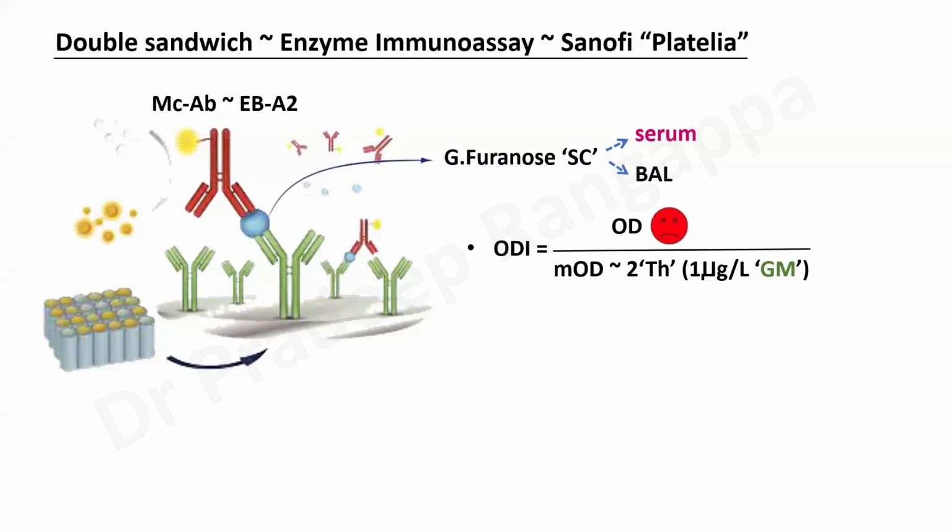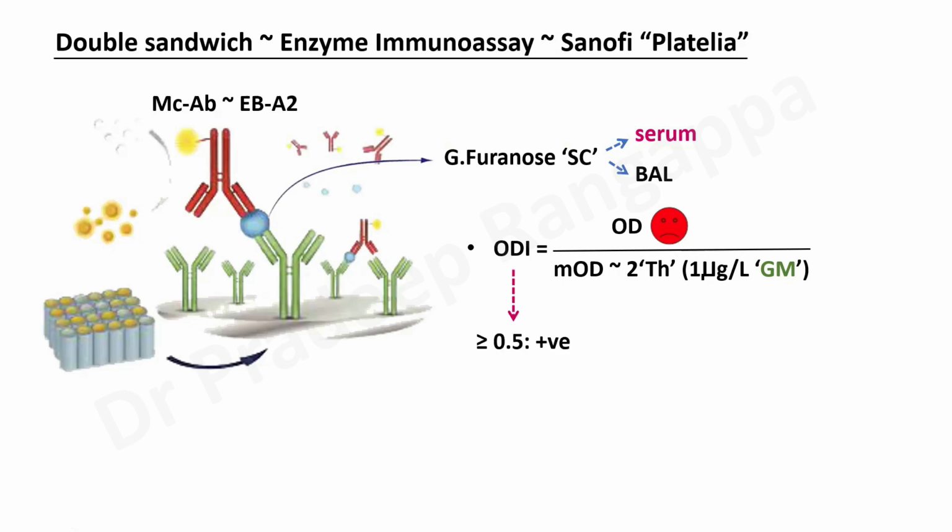The measure of the galactomannan test is the optical density index, which is the optical density readout of the patient compared to the mean optical density, which is twice the threshold. So it is the ratio of the optical density readout for the patient in comparison with the reference value, which is twice the threshold.